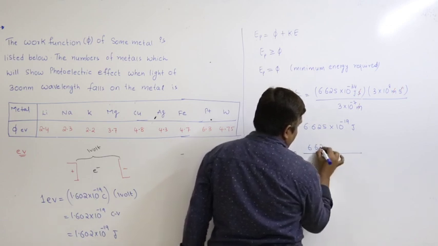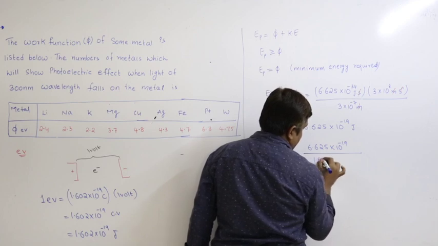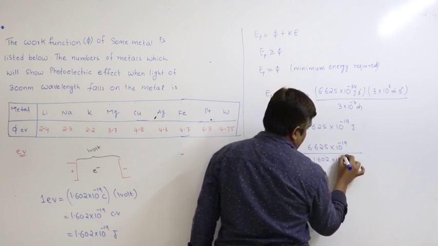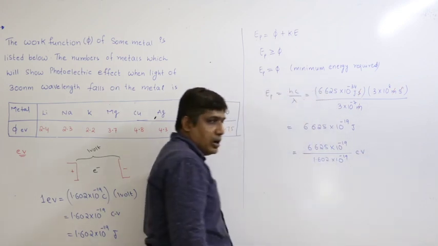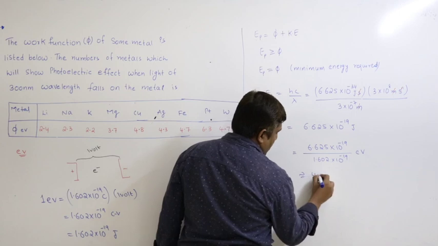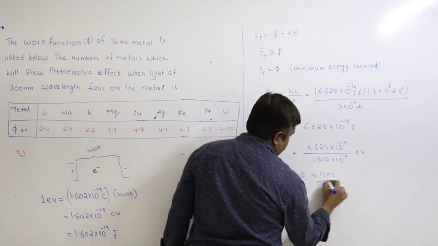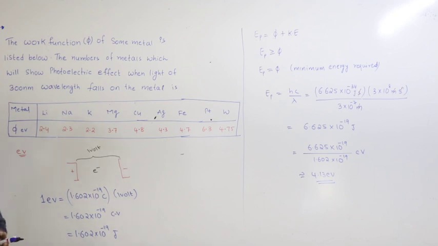Converting into electron volt, you will get approximately 4.13 eV. This is the minimum energy which the light radiation can provide.